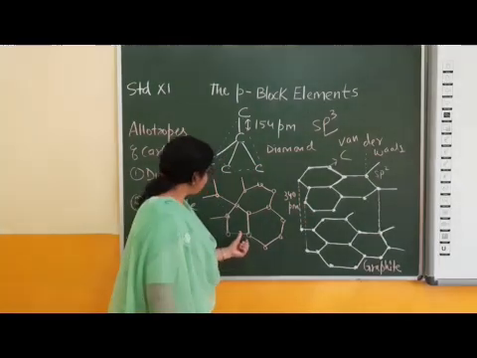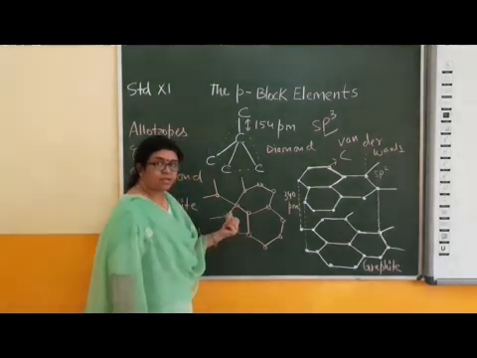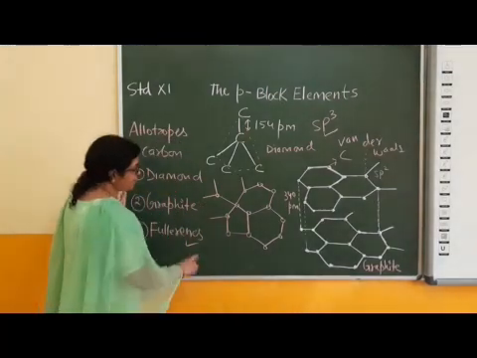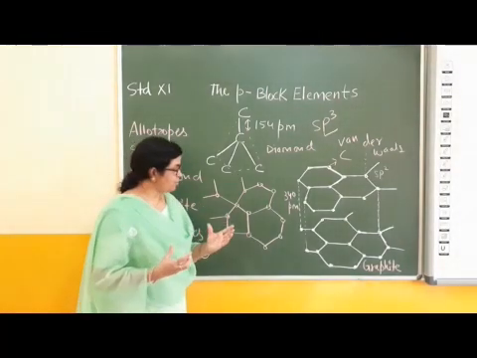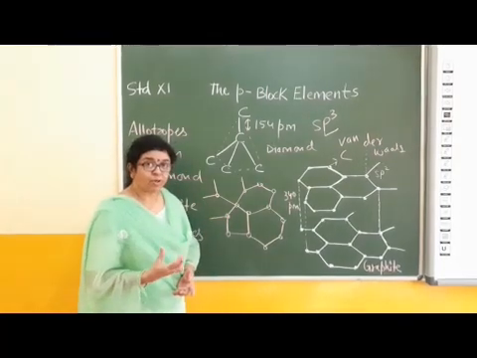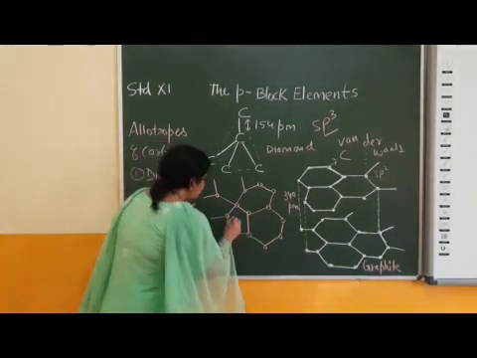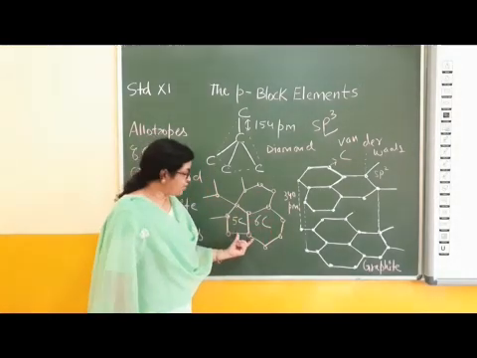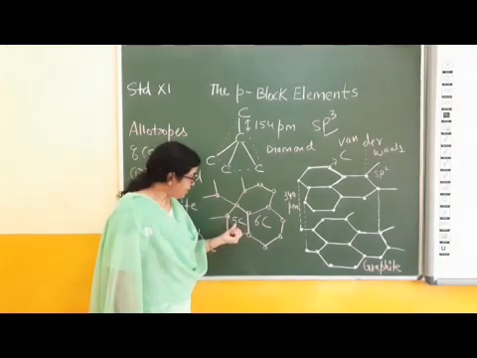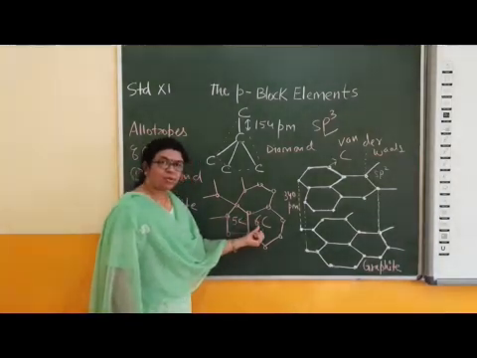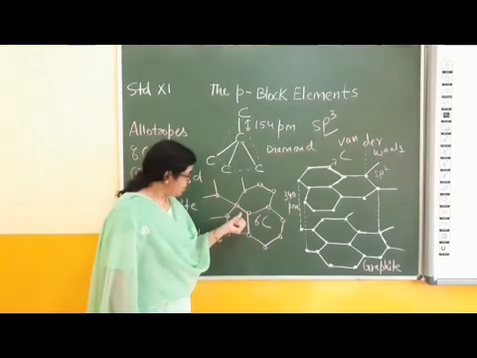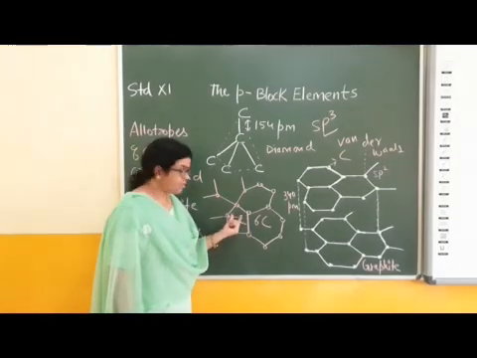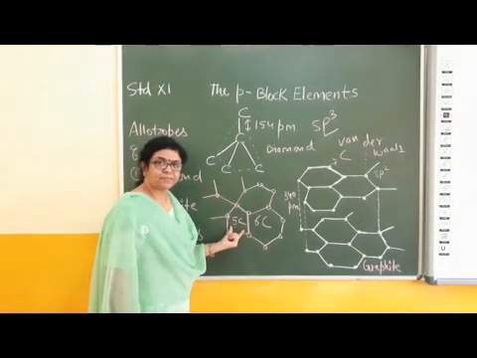The newly discovered allotropic form of carbon is fullerene. What is the shape of fullerene? Football-like structure, due to the presence of pentagonal and hexagonal cyclic arrangements of carbon atoms. In one cyclic structure, 5 carbon atoms are present, a pentagonal shape.